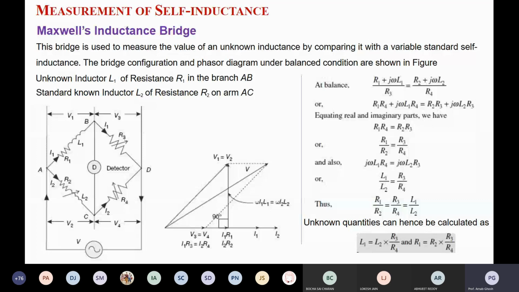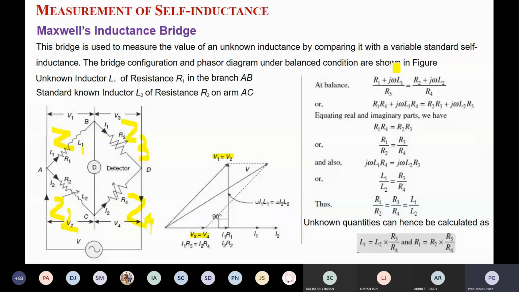So it was your Z1, then Z2, then Z3, and finally Z4. So four impedances you need to find out. Then you have to calculate at balance condition. So you know the expression. What was that expression?